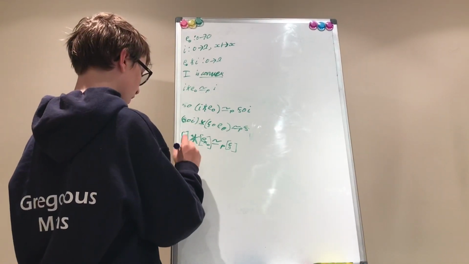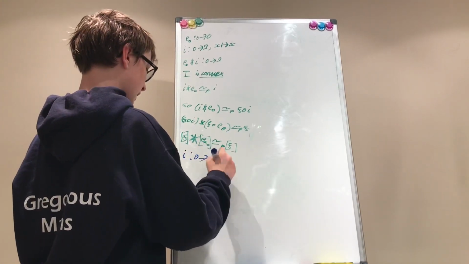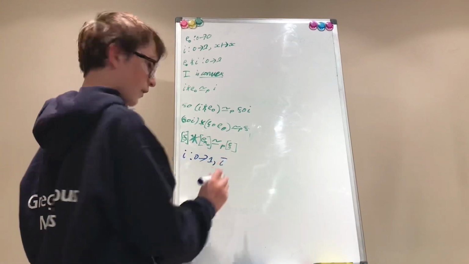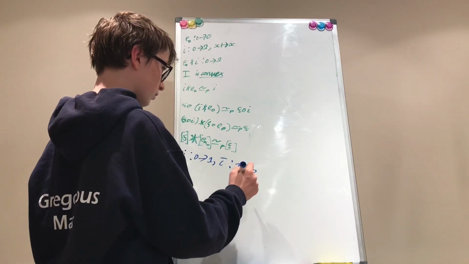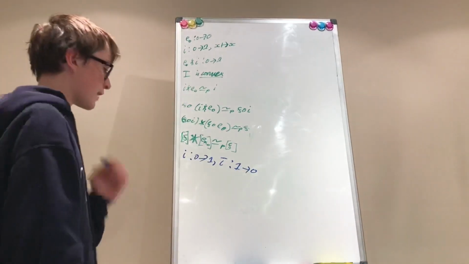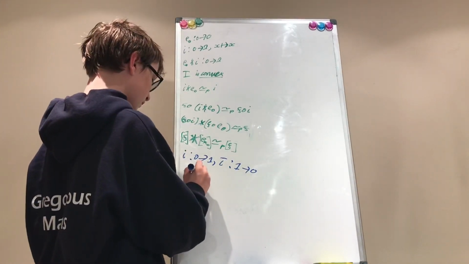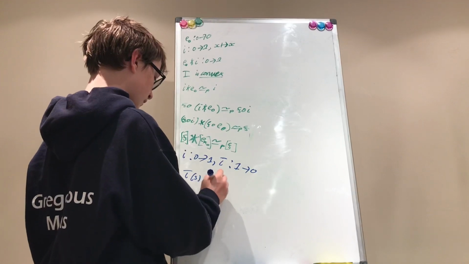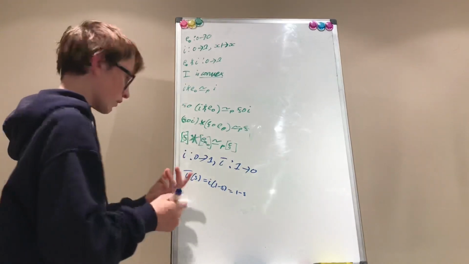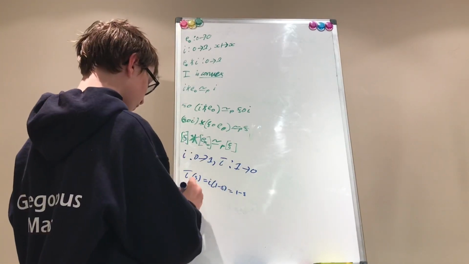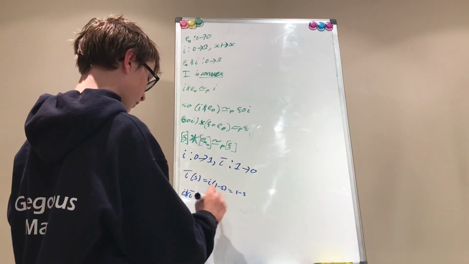So we have I, again, which takes you from 0 to 1. And we have I bar, the inverse map, which takes you from 1 to 0. Now, I is the identity, and I bar of S is equal to I of 1 minus S, which is equal to 1 minus S. Now, I star I bar takes you from 0 to 0.